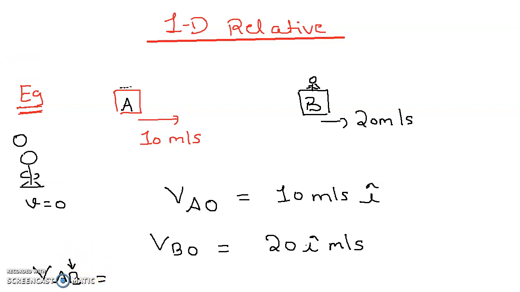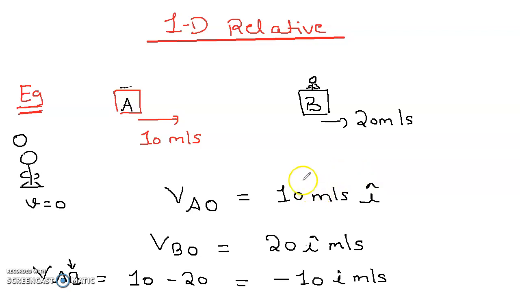So velocity of A with respect to B is like you are in the frame of B. So what would it be? 10 minus 20, minus 10 i meter per second. That means if you are in the frame of B, you would see A going backwards. Imagine you are in B. How would A look? A would look like it's going backward.